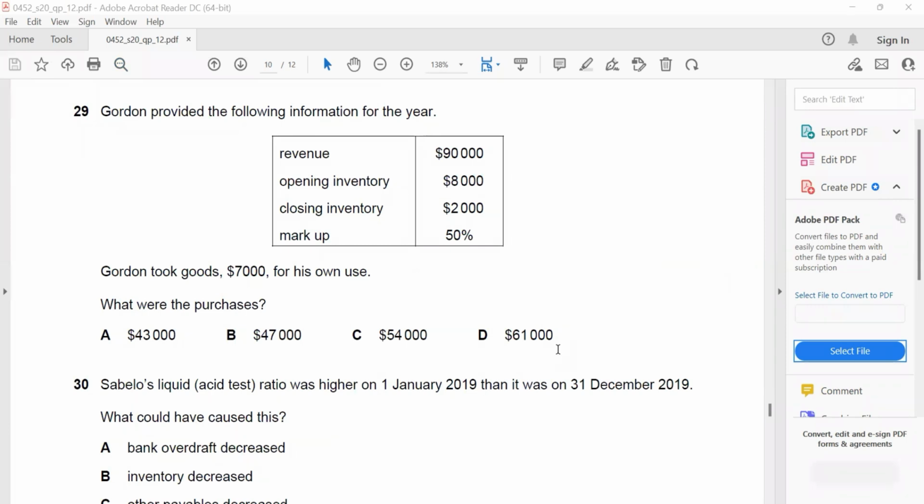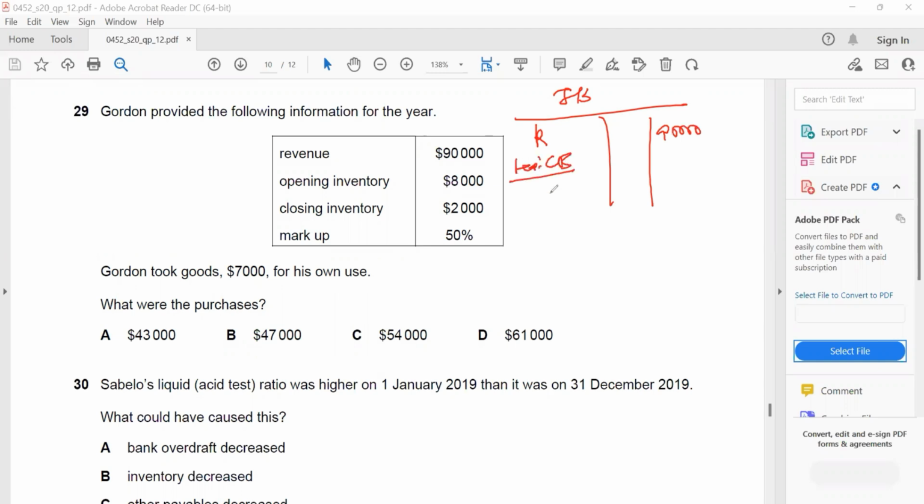Gordon provides the following information: revenue, opening inventory, closing inventory, markup. Gordon took goods 7,000 for his own use. Revenue is 90,000. What was the purchases? So I open a simple income statement. Revenue 90,000, less cost of sales.